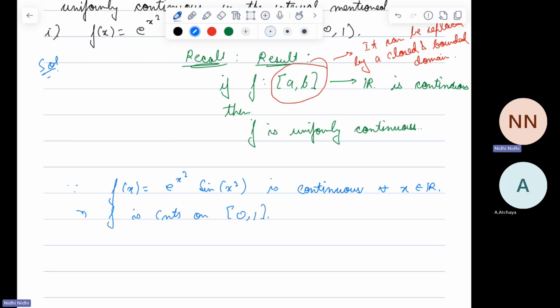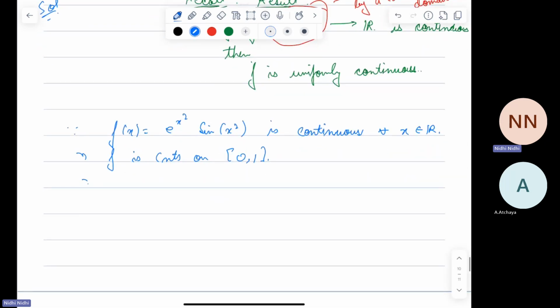Since it is continuous on the closed interval 0 to 1, which is a closed and bounded domain, this implies f is uniformly continuous in the closed interval 0 to 1.